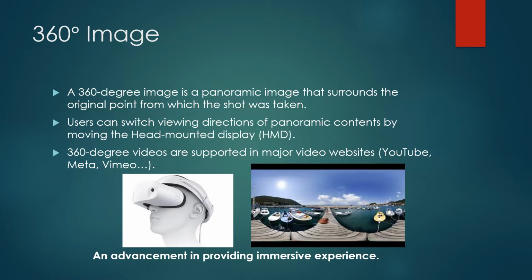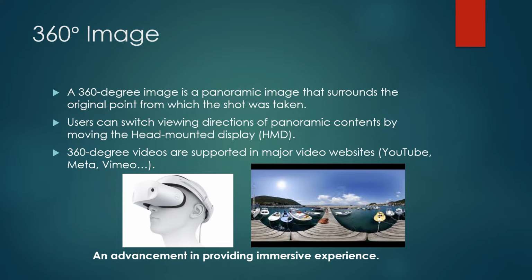So here we will talk about the definition of 360-degree images. A 360-degree image is a panoramic image that surrounds the original point from which the shot was taken. Users can usually view this kind of images inside a head-mounted display, and they are allowed to switch their viewing directions of the panoramic contents by moving the HMD around.